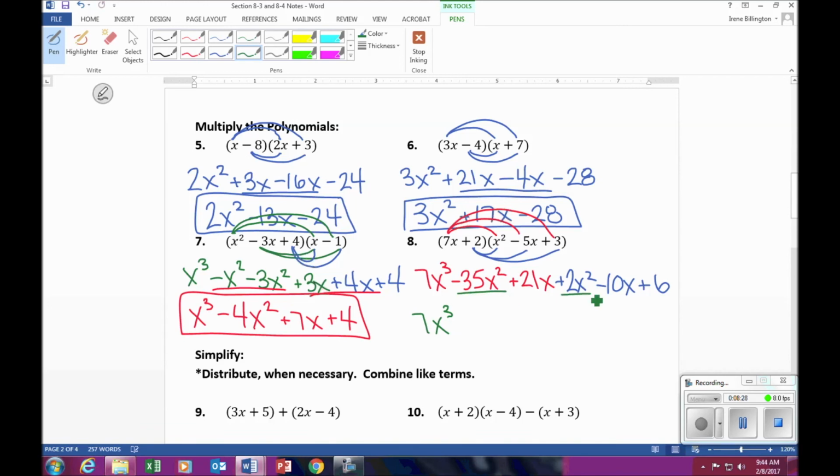Negative 35x squared plus 2x squared would be minus 33x squared. And then 21x minus 10x would be plus 11x. Bring down the constant from the end, plus 6. So similar to what we did in 8.2, you are multiplying and then you're combining any like terms that you can.